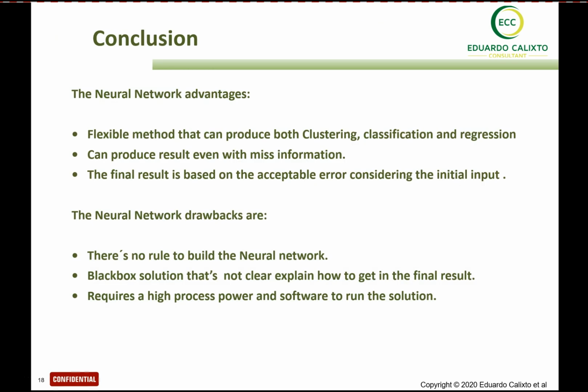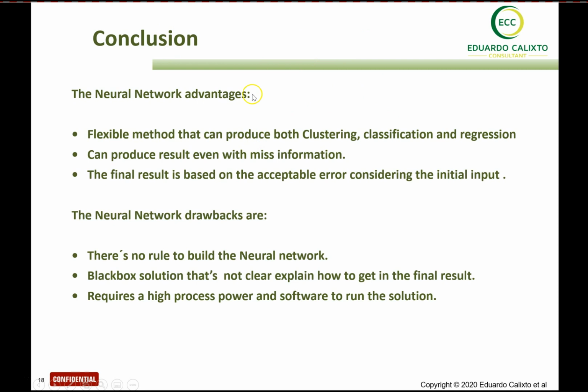So the advantage of a neural network is that it is a flexible method that can produce clustering, classification, and regression. We already saw clustering and classification. We finished this model, which is about classification using a neural network. In the next, the second day, we will see the neural network applied for regression. We can produce results even with misinformation.